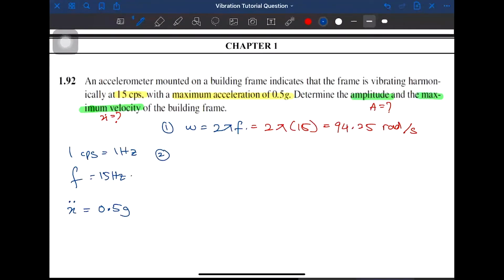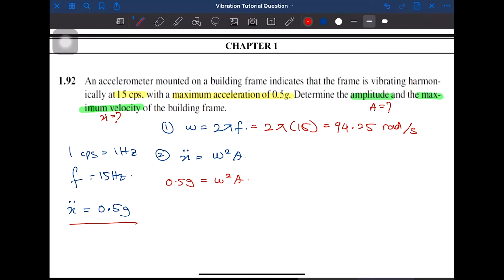Second step is, you know that your x double dot from the slides, the formula is omega squared times A. And you know that your acceleration given in this question is 0.5 g. You just substitute that back inside. 0.5 g equals omega squared A, where omega we already got just now, 94.25.